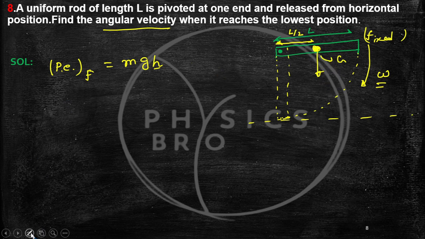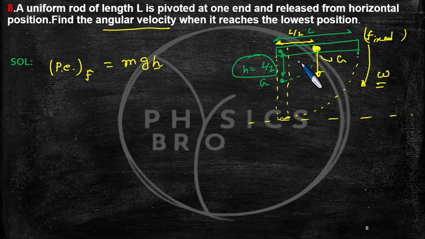And when the body moves, look carefully, there is a change, and who is changing? This G comes here. So this is the change. This is the height L by 2, and this is nothing but h.